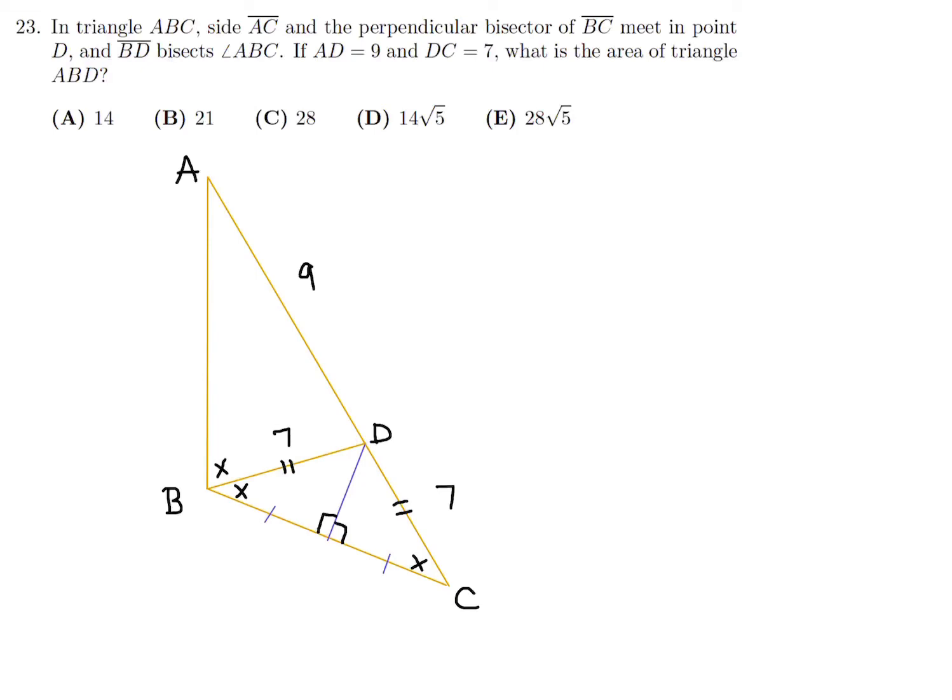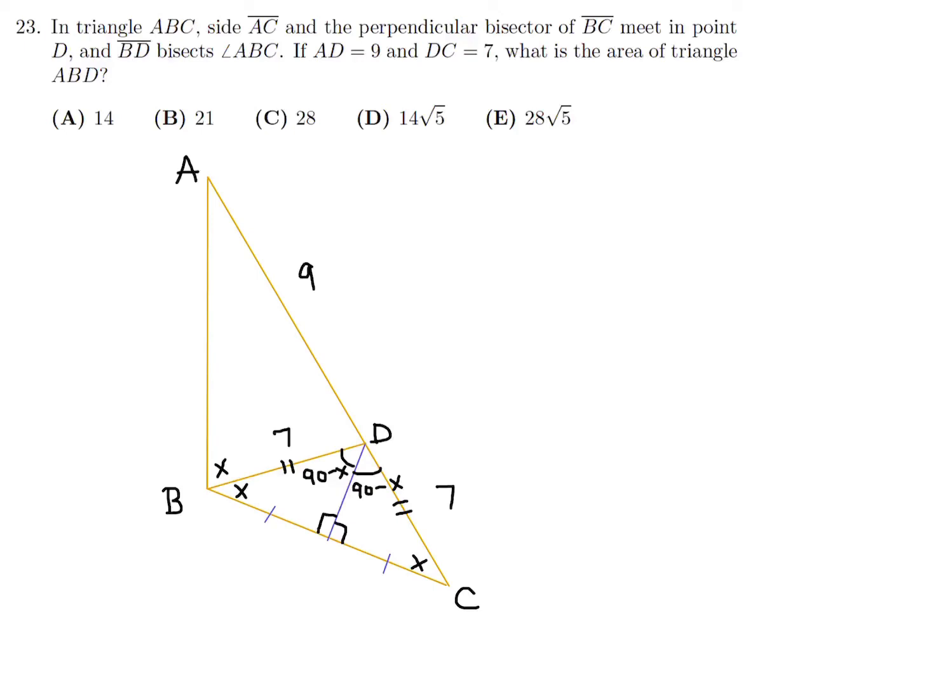Okay? And do we know anything else? I think that's pretty much what we know. Let's continue labeling this. This angle in here will be 90 minus X. And this angle in here will also be 90 minus X, because the sum of the angles in a triangle is 180.